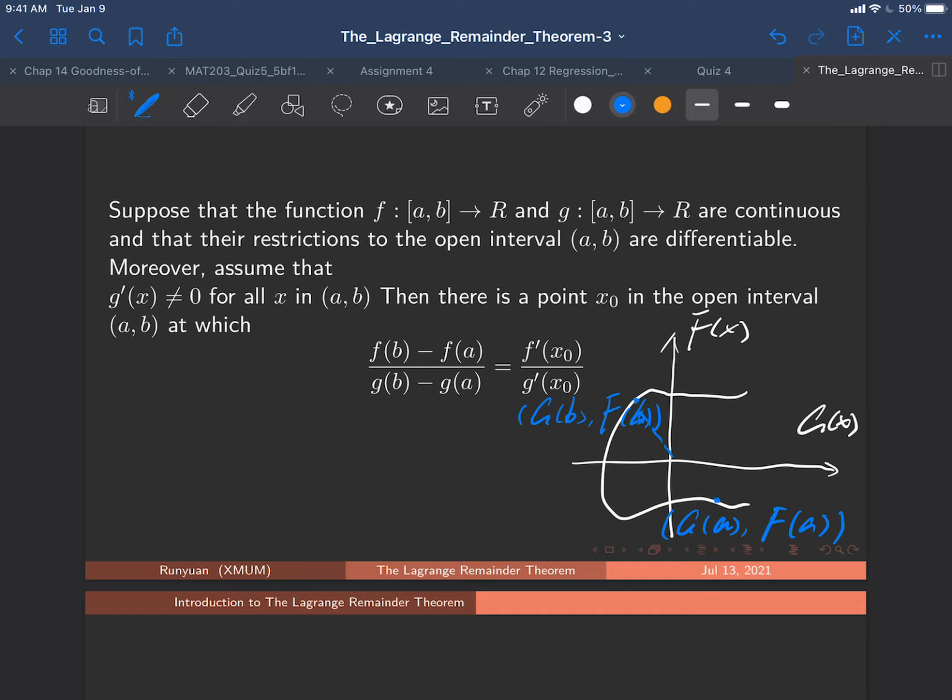We connect these two points and we get a segment.